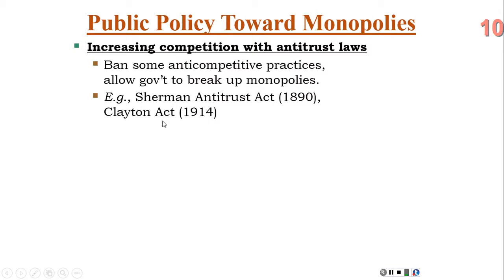Basically, the government has to decide, when these mergers happen, are they going to destroy so much competition that consumers are going to be adversely affected, or will there still be enough competition to help consumers? That's one of the main actions that the government can take with monopolies.